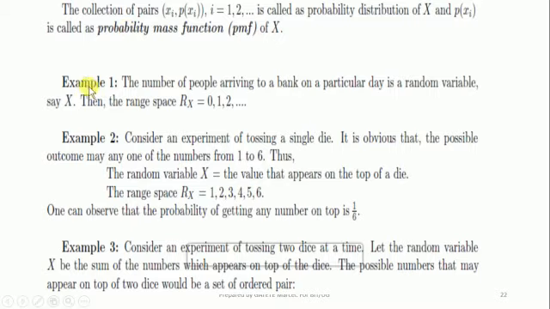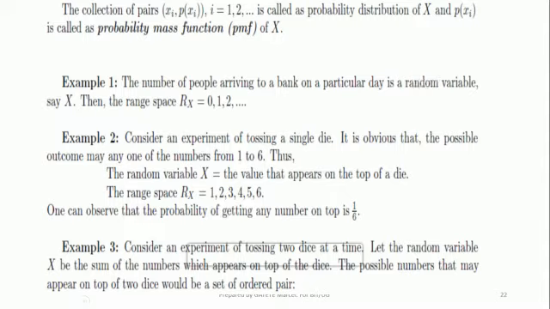Let's take an example. The number of people arriving at a bank on a particular day is a random variable, say x. For example, today, on Thursday, the number of people arriving at a bank, for example Bank of Kigali, we say is 100 people. This will be a random variable. Why do we call it a random variable? Because we don't know which people will come, and we don't know at which time they will come.